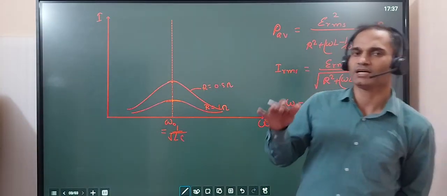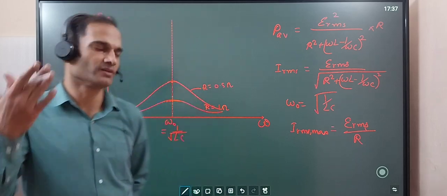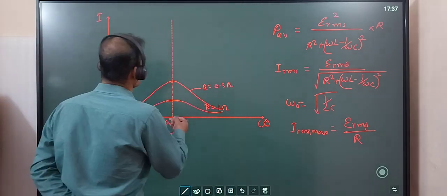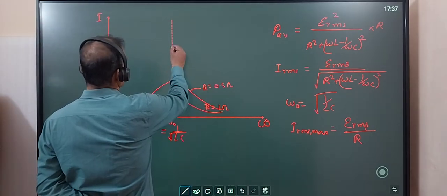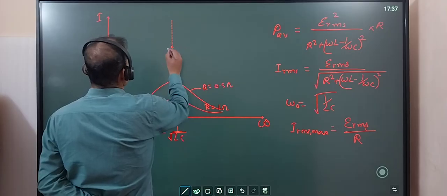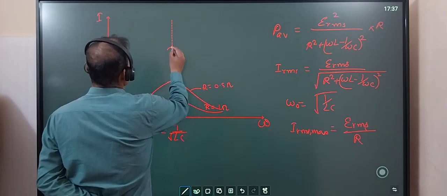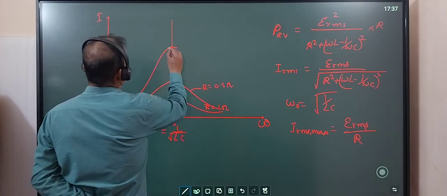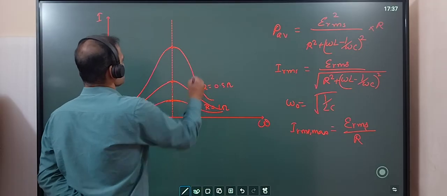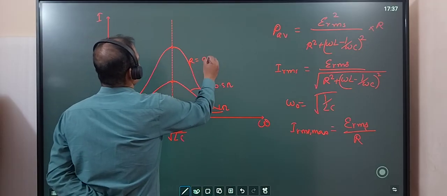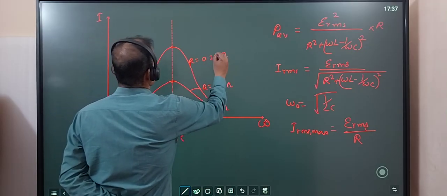Now suppose you decrease the R value even further. R value is again decreased. I am making it 0.05. So what is happening here, this R is 0.05 ohm.